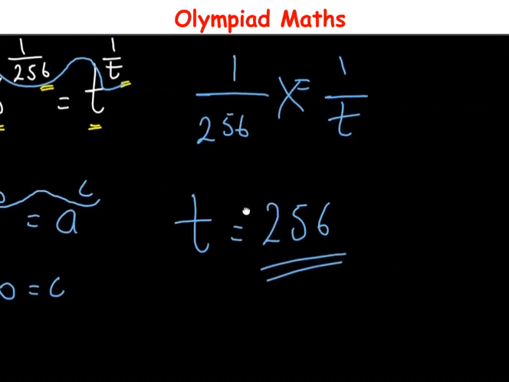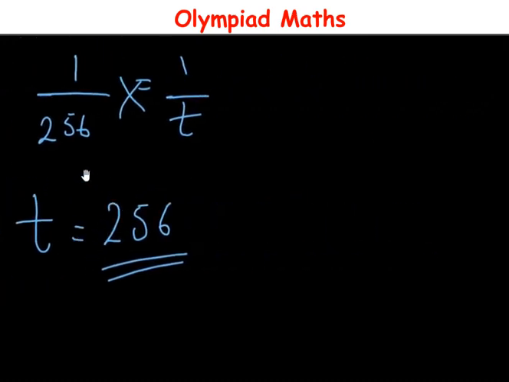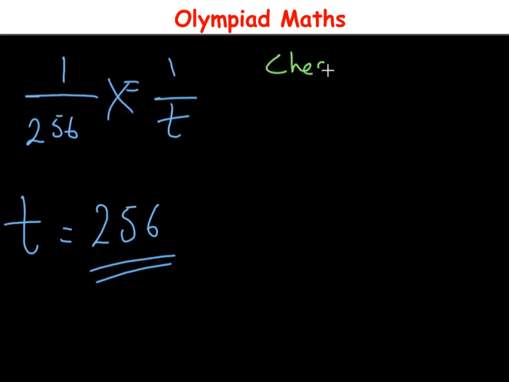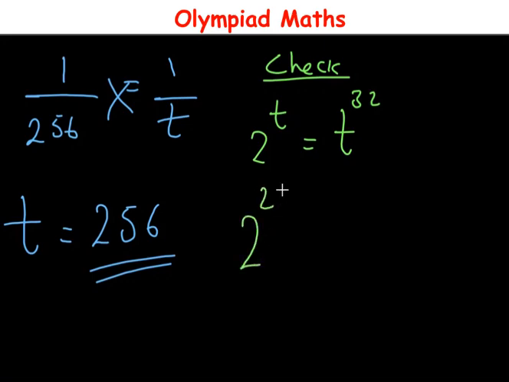But then let us confirm if actually this value of t is the correct solution. So let us check the question, which is 2 raised to power t equals t raised to power 32. And we got the value of t as 256. So this becomes 2 raised to power 256 equals 256 raised to power 32.